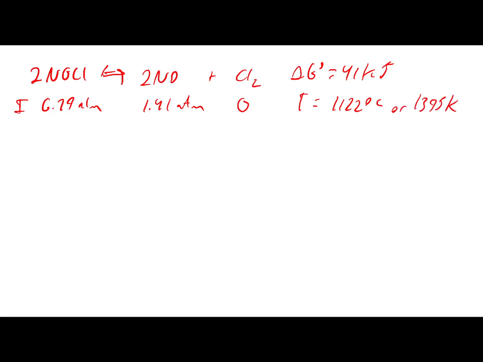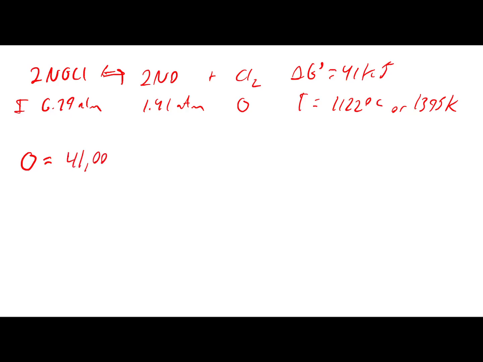Okay? We want to know the minimum amount to reverse this reaction, so we want to know where delta G goes from negative to positive. Well, that, of course, happens when delta G equals 0. And you recall delta G equals delta G0, which in this case is 41 kilojoules.